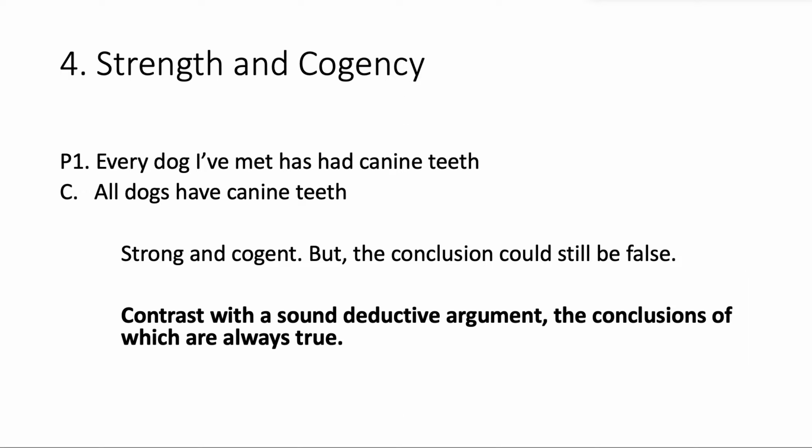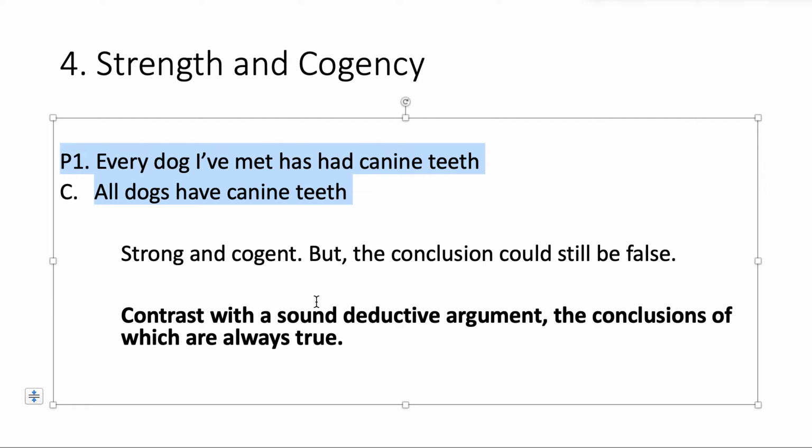Okay, so here's a really important contrast with deductive arguments. Here we have on this slide, the thing I'm highlighting now, a cogent inductive argument. So it's like the best kind of inductive argument we can have. Unlike its equivalent deductive argument, a sound deductive argument. Remember, sound arguments are the best kind of deductive arguments.